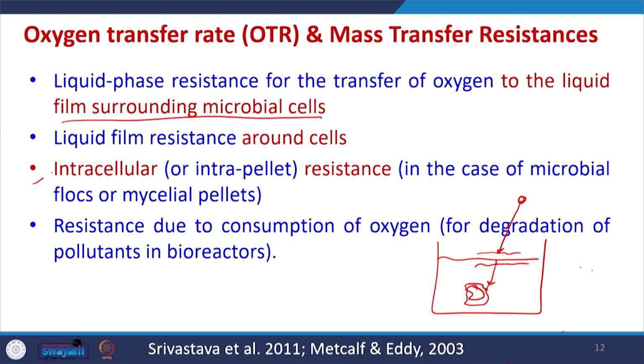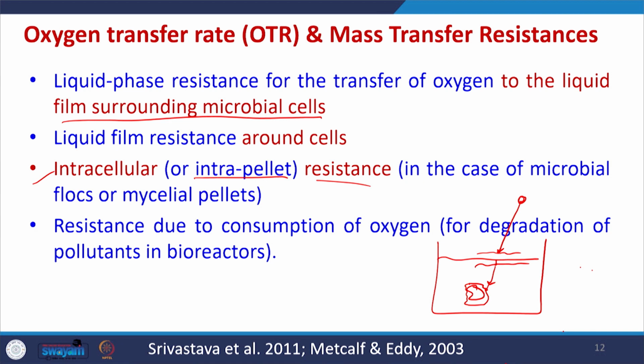Then intracellular or intrapellet resistance in the case of microbial flocks, and ultimately resistance due to consumption of oxygen for the degradation of pollutant in the bioreactor. So, these are the various mass transfer resistances during the transfer of oxygen from bulk air phase to bulk liquid phase.